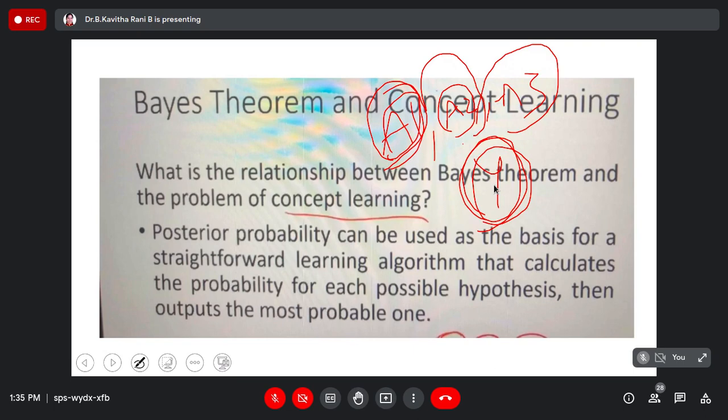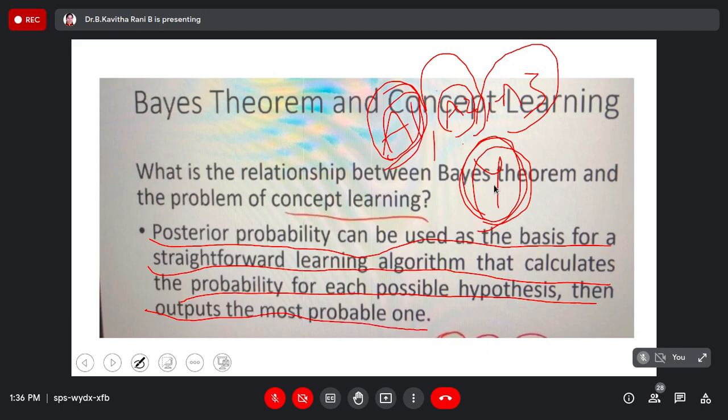So this is called concept learning. Here, what is the relationship between Bayes theorem and the problem of concept learning? How are Bayes theorem and the problem of concept learning related to each other? Posterior probability can be used as a basis for a straightforward learning algorithm that calculates the probability of each possible hypothesis, then outputs the most probable one.